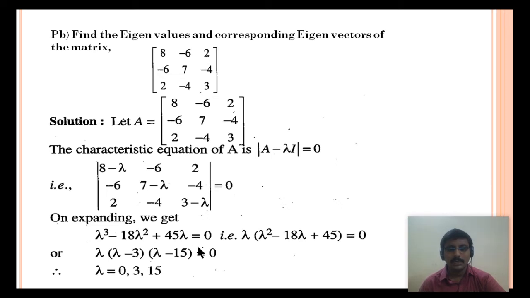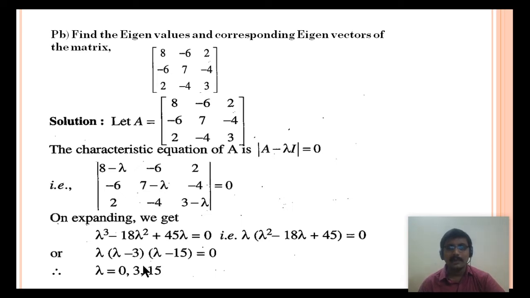Finding the determinant and equating it to 0, we get a cubic polynomial. Thus we will have three roots. Finding these three roots by synthetic division or Horner's method, we get lambda equal to 0, 3, 15. These three are called characteristic roots, latent roots, proper values or eigenvalues.